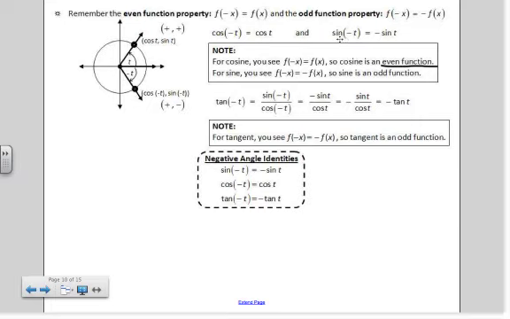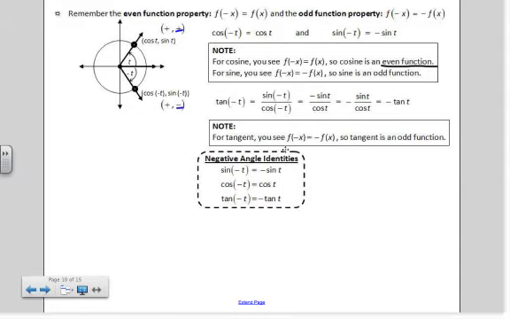So the sine of negative t equals negative sine of t. Notice that our sine of t in quadrant 1 is positive, but if we have gone the negative direction of our angle, we are negative. This also works if our angle is in quadrant 2 or quadrant 3 as well, so it applies.